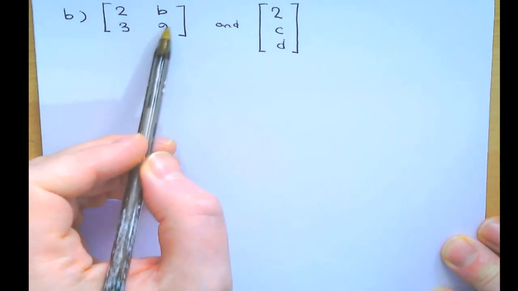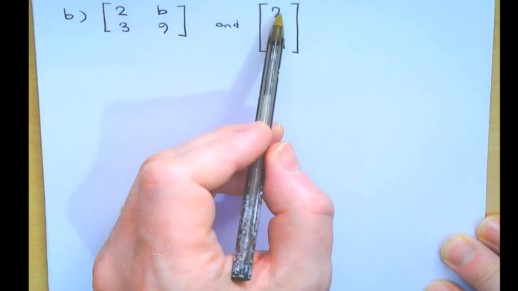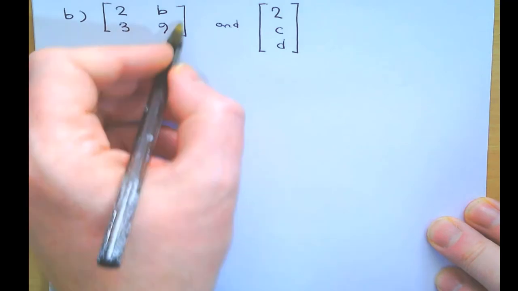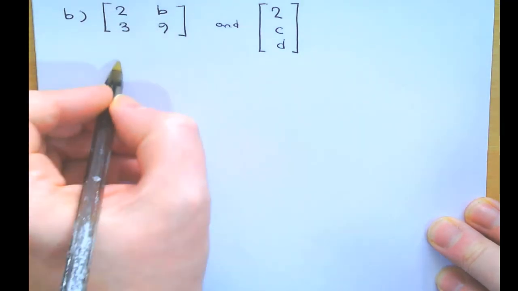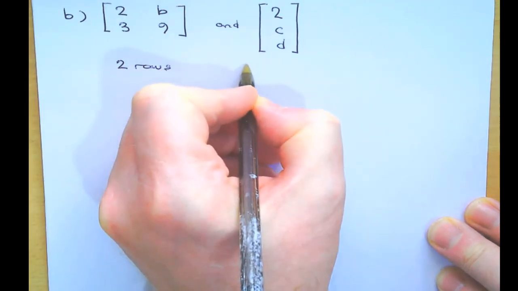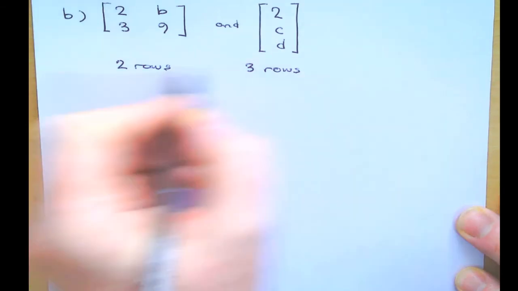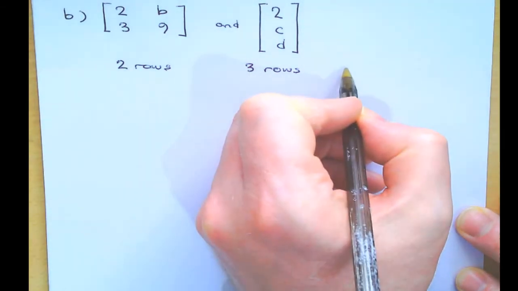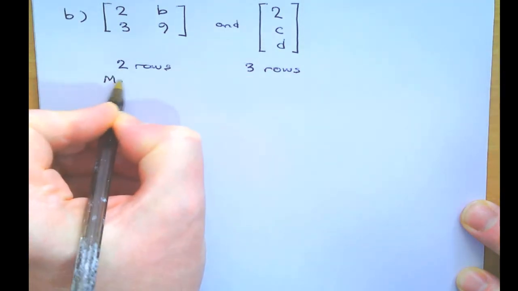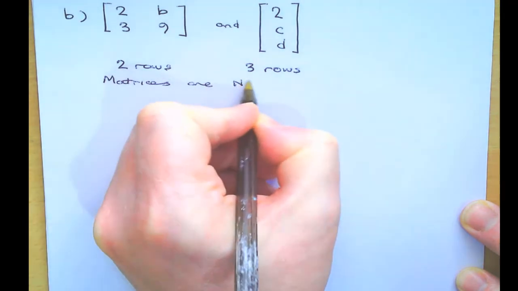Part B, it's one of the same matrices again, 2, B, 3, 9, but we also have the matrix 2, C, D. Well, we note that the one on the left has 2 rows, the one on the right has 3 rows. Those two numbers of rows are not equal. We conclude that the matrices are not equal.